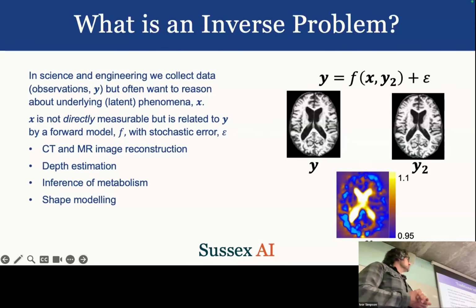In traditional inference for these types of models, several classes of methods have been derived, often for each specific application. So in the case of computed tomography, there's this very common algorithm called filtered back projection. And this gives you a very neat, simple algorithm which gives you a CT image from some data.